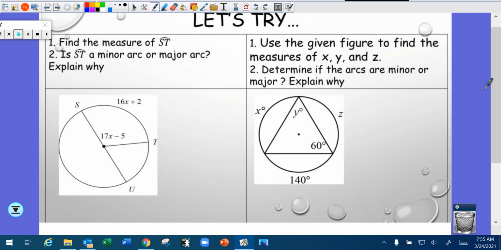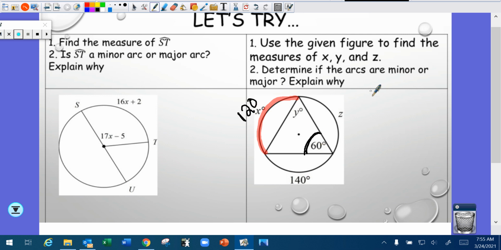All right, so the second one says use the figure to find the measures of x, y, and z. It wants me to find this intersecting arc, and these are inscribed angles. So this is the angle right here, and the rule is if this is the inscribed angle, then to find the intersecting arc, you're going to double this.